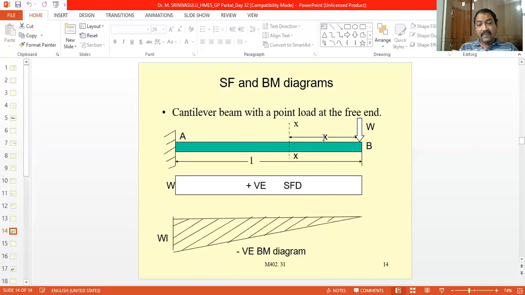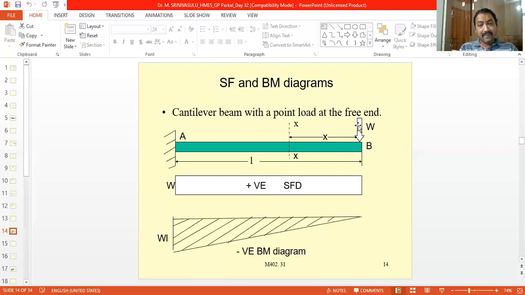Now coming to the sign convention, whether it is positive or negative. So you see here, this is xx. For example, just imagine that the beam is fixed at this point. If the beam is fixed at this point, this force will cause some moment.